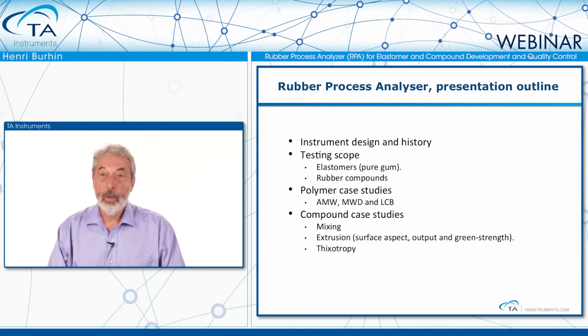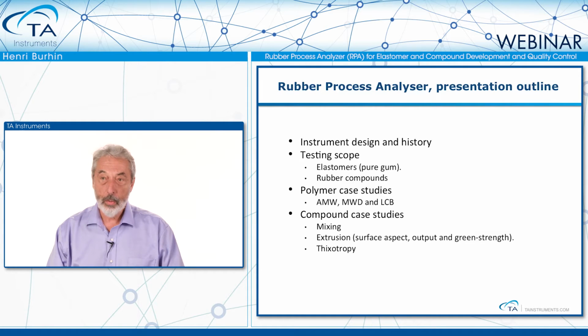Rubber Process Analyzer, this is the presentation outline, and we're going to go through the design and history of the machine. We're going to discuss the testing scope, elastomer, which means pure gum, rubber compound. And then we will go through a series of polymer case studies and compound case studies.